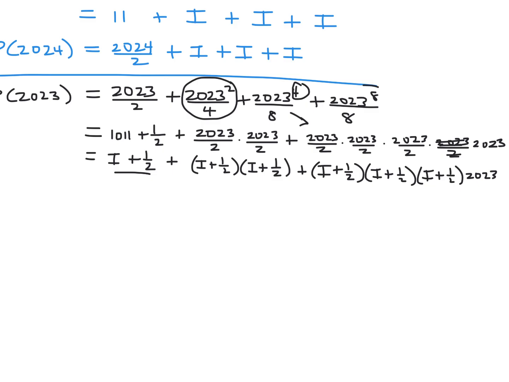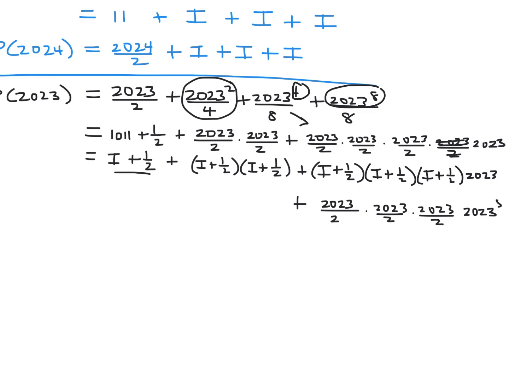And then this guy here, that would be the same thing, 2023 over 2, 2023 over 2, 2023 over 2, and then 2023 to the 5.